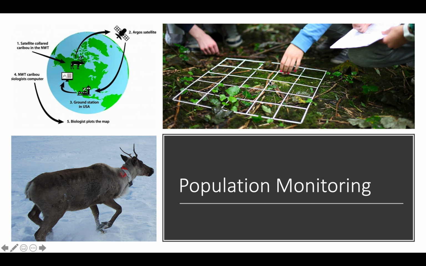These are very small quadrants, and the people monitoring these little squares will determine how many of certain species are in each square. So for example, here, there is one of these little, I'm not sure what kind of plant that is. And then, yeah, they would determine what is living in this area.